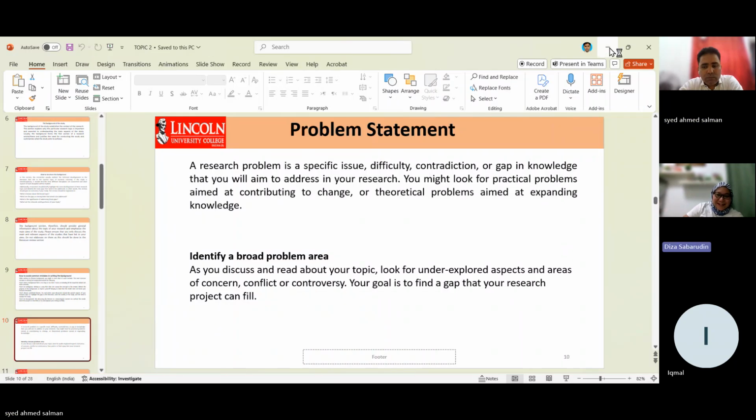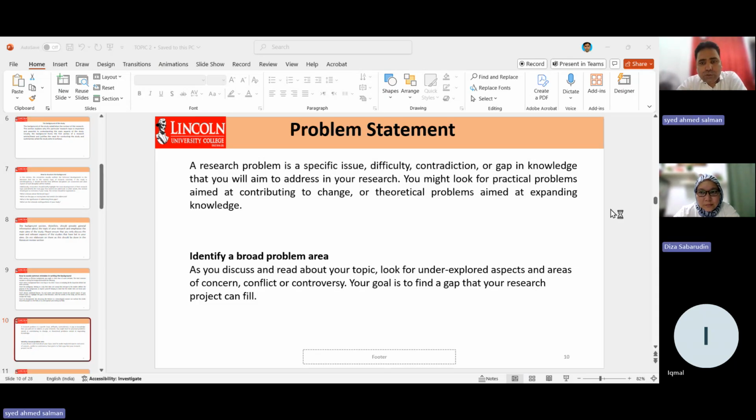Okay, fine. So here you can see a research problem is a specific issue, difficulty, contradiction, or gap in knowledge that you will aim to address in your research. After the introduction and after the background of the study, the section you are going to start is the problem statement.